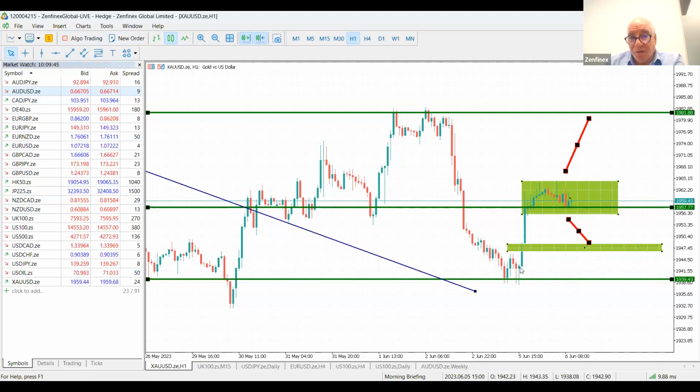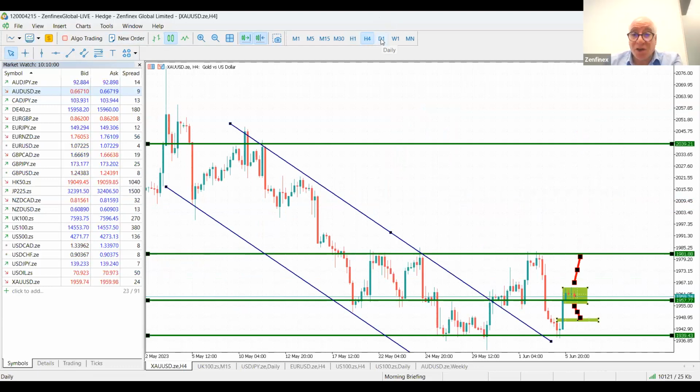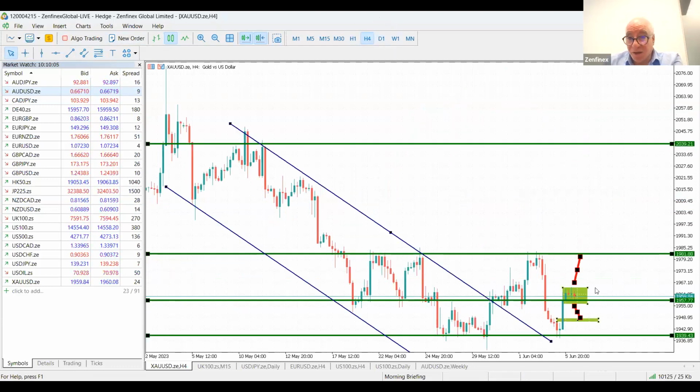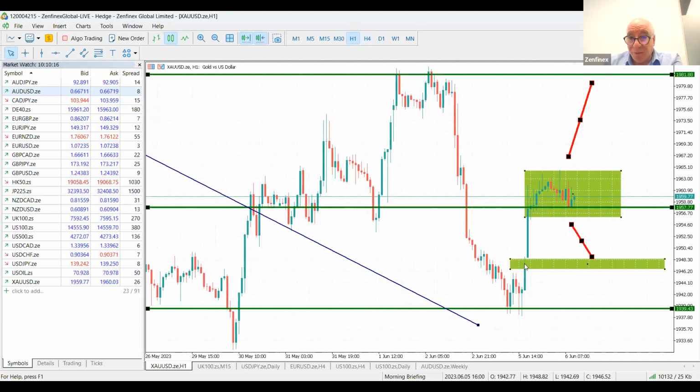And the fact that it moved away rapidly and stopped at this level of consolidation tells me that really there's strength. When I say strength, I'm really talking from an intraday hourly perspective, because if I dial back out again, all it's showing us is sideways in the middle of this range. But we can still take positions to take advantage of this range. And the only trade I can really see is this gap.